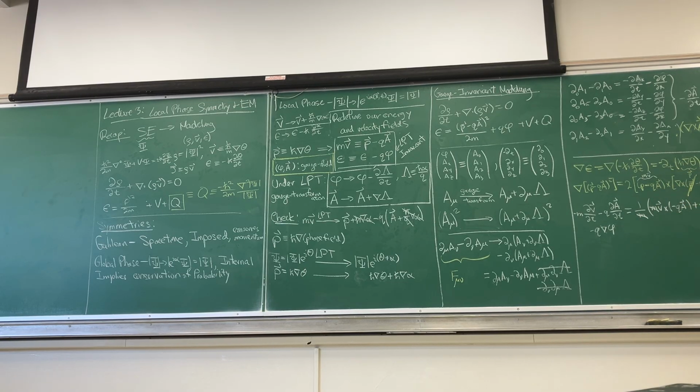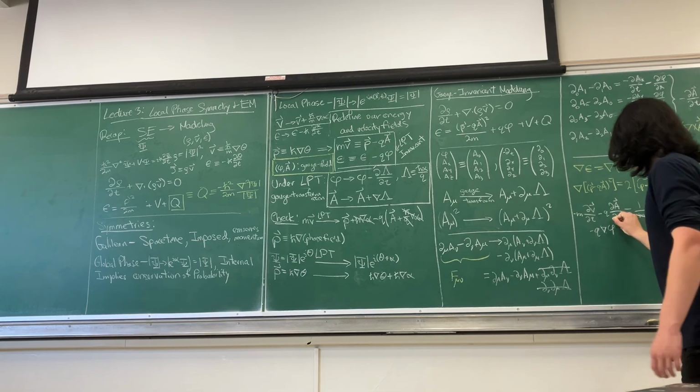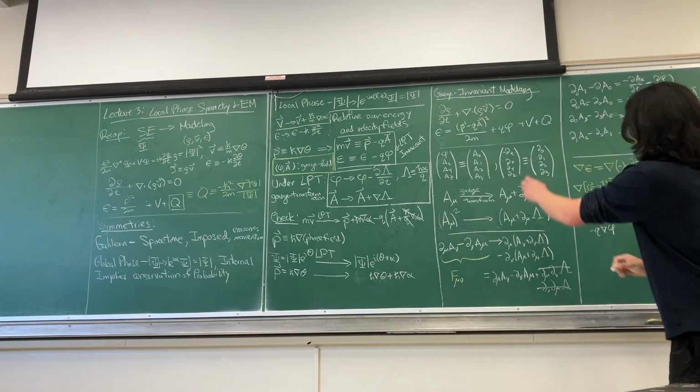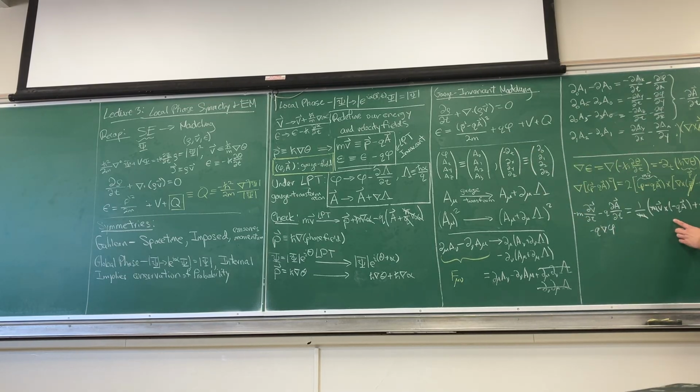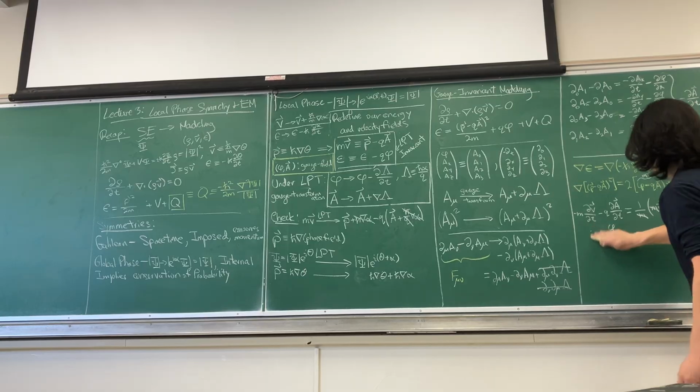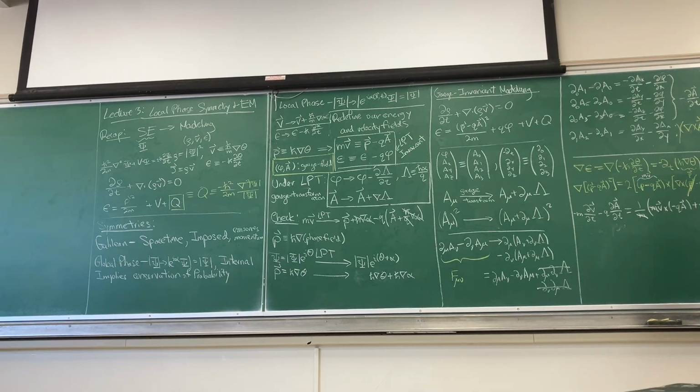So was the epsilon really supposed to be bar epsilon? You are correct. Well, I put it on this side, so I could put plus q phi on this side, yeah. But let's maybe do that so it's consistent. This is plus q gradient bar phi, like that, and then plus gradient V plus Q.